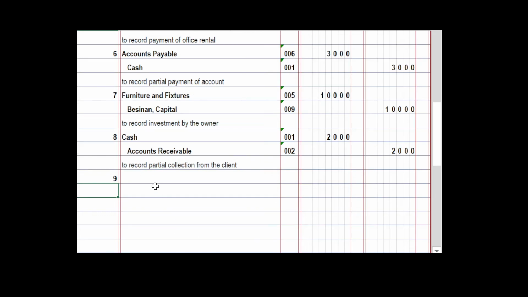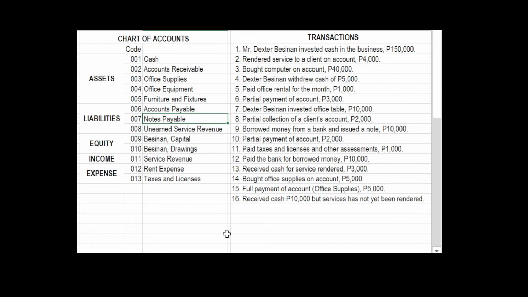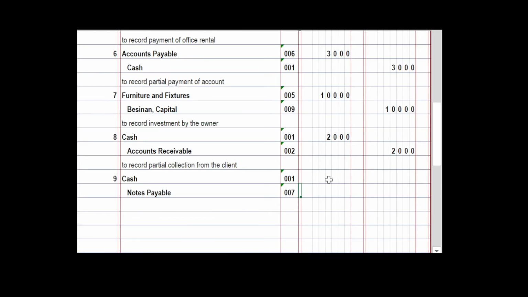So, debit tayo ng cash and then credit tayo ng notes payable. That is 001 and 007. Magkano ba yung hiniram natin? 10,000. Okay, so 10,000 yung hiniram natin.